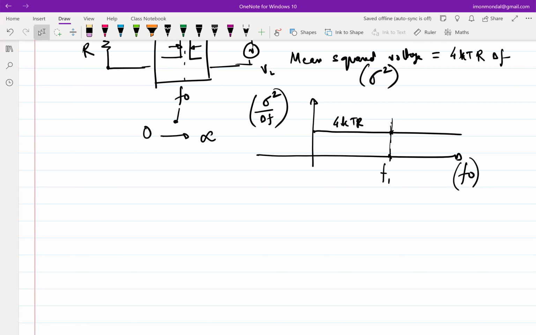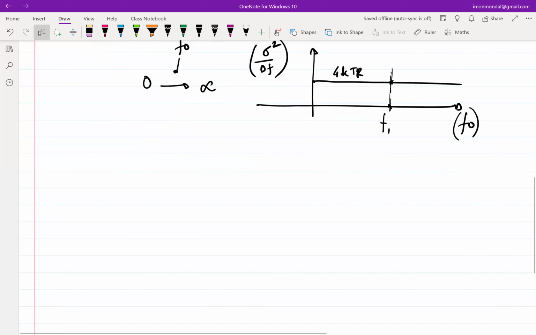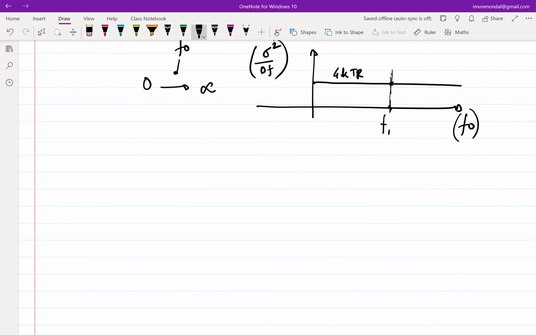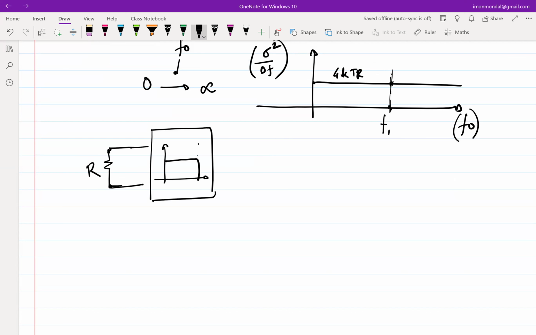To understand that, let's take an example. So let's say I have a resistor R, and in RF systems, you have seen we have band pass filters, low pass filters, and so on, right? So let's take a generic low pass filter. And again, let's assume it's an ideal low pass filter of certain bandwidth, BW.